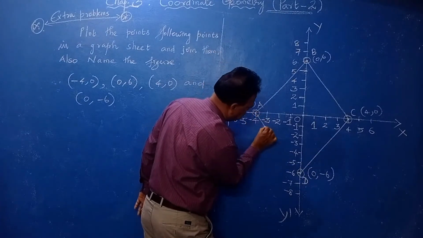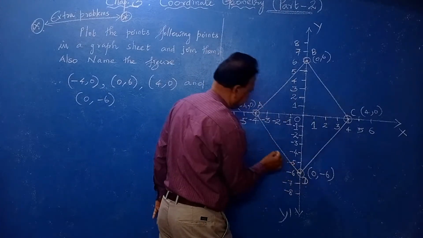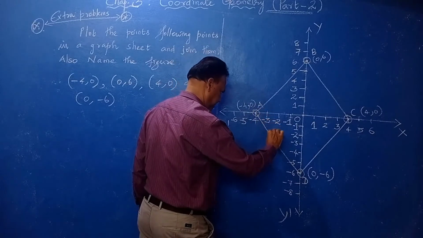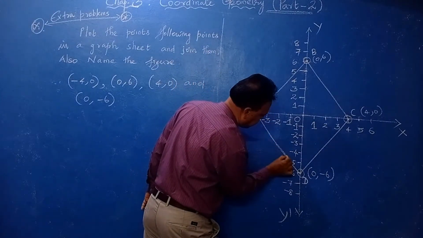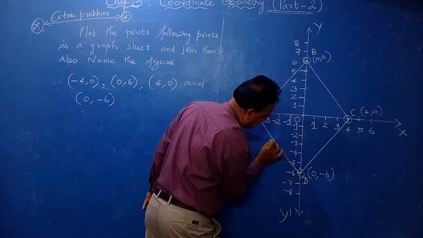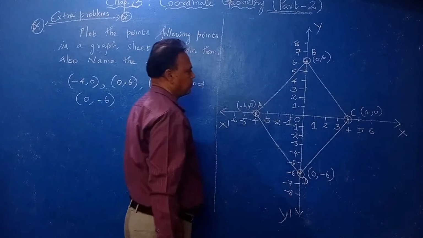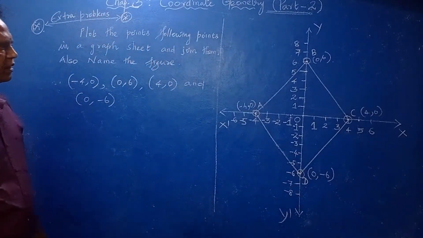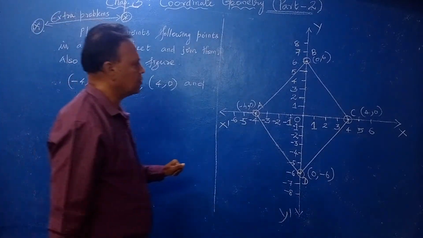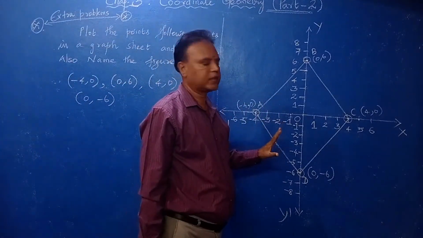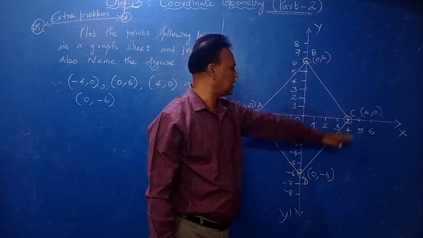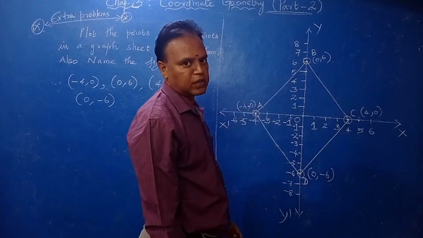Then A to D. If you join, you see the figure. What is the name of this figure? ABCD is a rhombus. It is a rhombus.